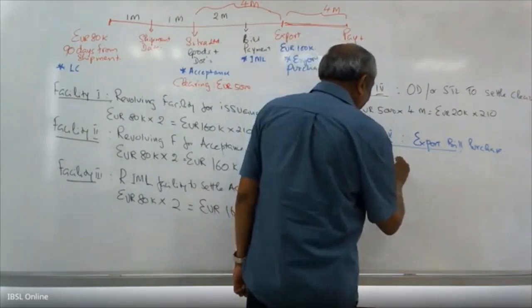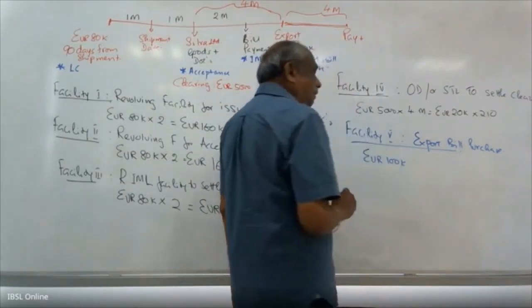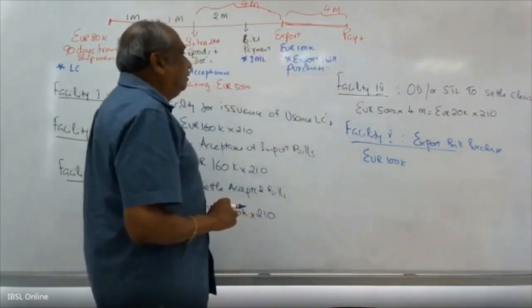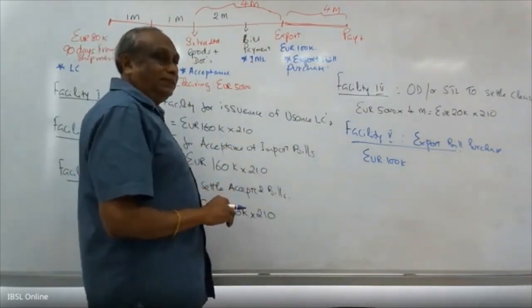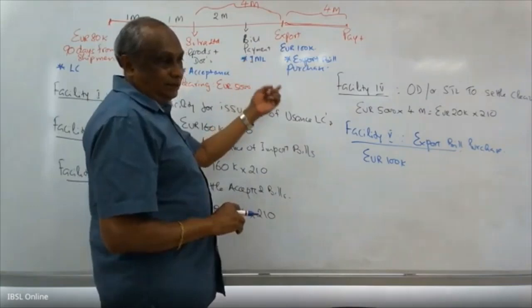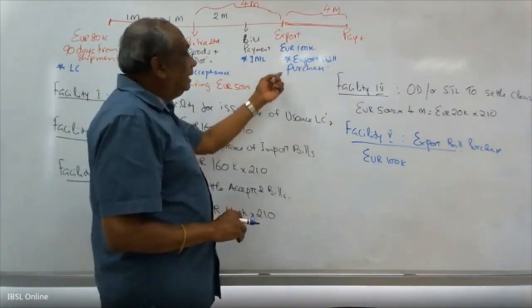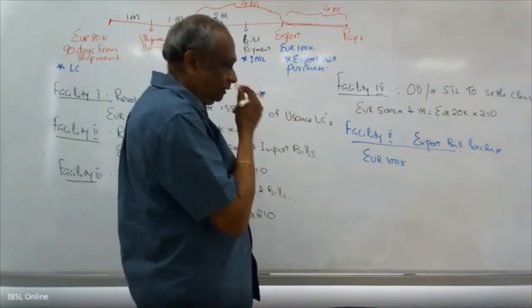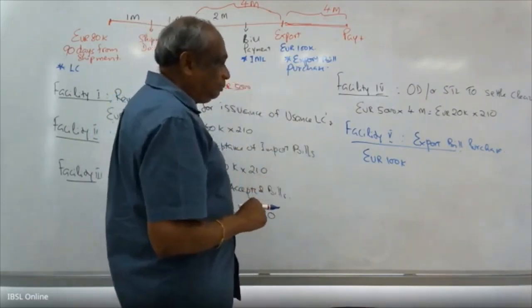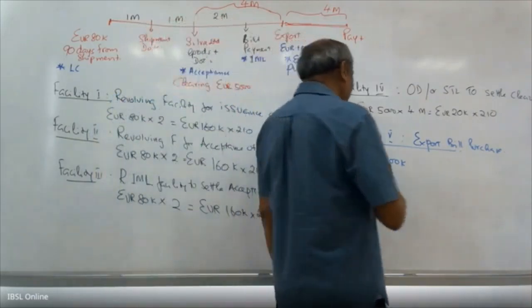Now you have to say the bills of Euro 100,000 will be receiving the payments only after 4 months. Therefore, assuming that the bills are clean, we purchase the export bills. For that, we have an export bill purchase facility.